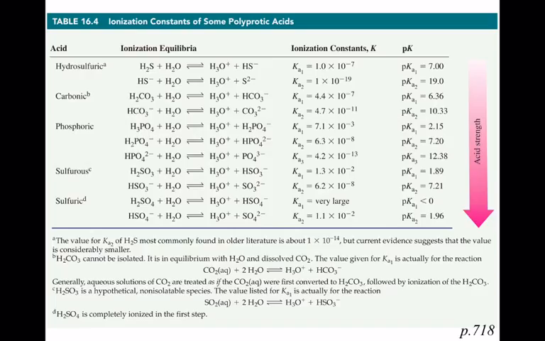And you can see the trend. If you look at phosphoric acid, H3PO4, it's polyprotic and it can kick off all three hydrogens. It's right here, this guy right here. If you look at all three of these Kas, notice they get smaller and smaller as you go on to kick off the next proton.